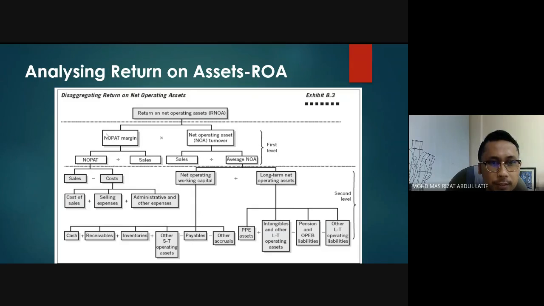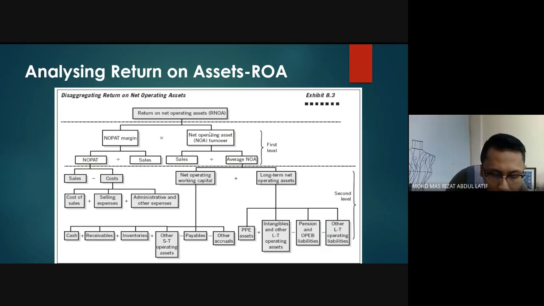Komponen yang pertama tu measures the company's operating profitability relative to sales. The sales to NOA relation is called the net operating asset turnover or simply NOA turnover, and measures the company's effectiveness in generating sales from net operating asset.